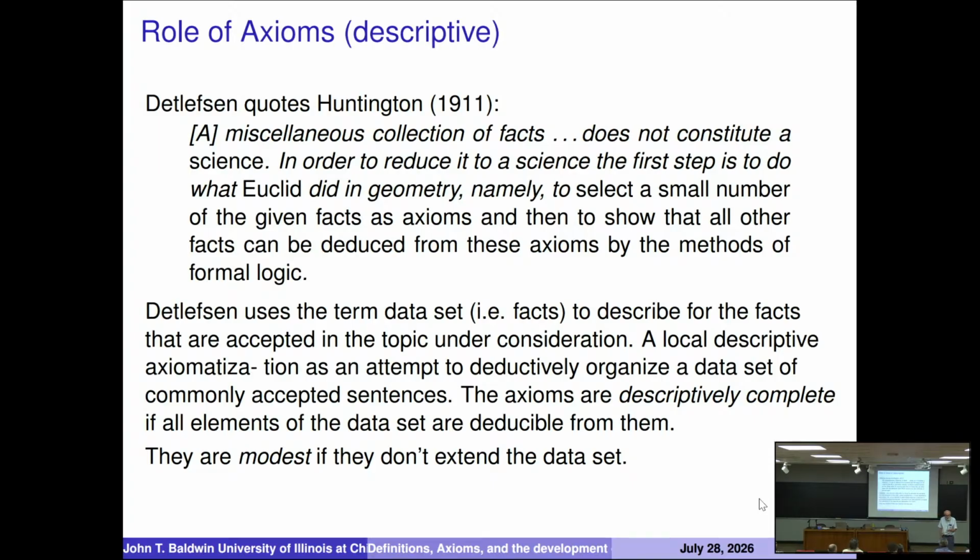There's just going to be all sorts of things going on that have little to do with the subject that you started with. So what we're looking for is a modest descriptive axiomatization for Euclid's geometry. Okay.